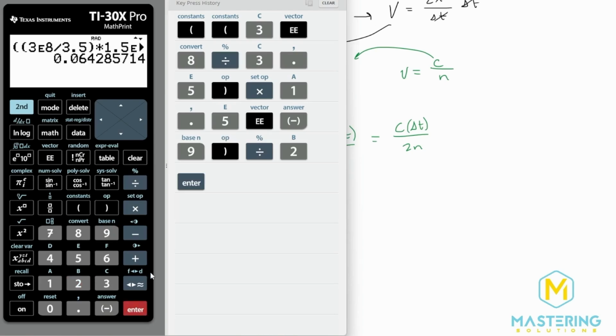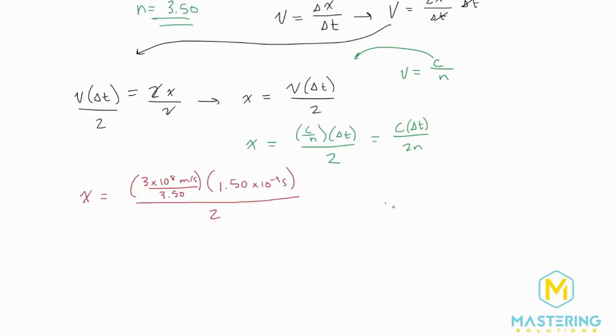So our answer for the maximum distance, in meters, is 6.4 centimeters. That's the maximum distance for the time available in the problem, the 1.5 nanoseconds for the travel time.